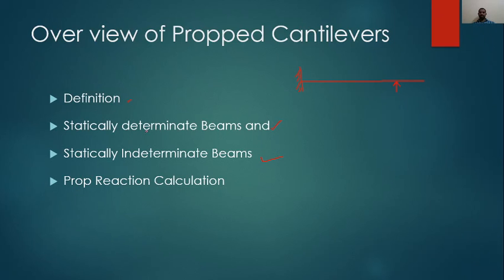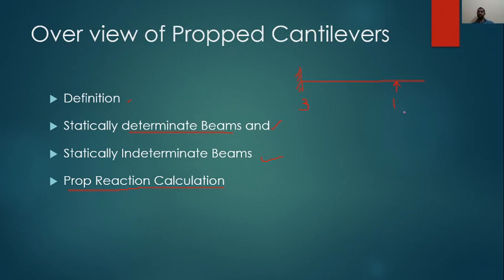But if the number of unknowns is equal to the number of equilibrium equations, then those beams are called statically determinate beams. Right. Then how to calculate the prop reaction? We have a procedure. In the case of a proper cantilever, we have three unknowns at the fixed support and one unknown at the roller, total four unknowns.